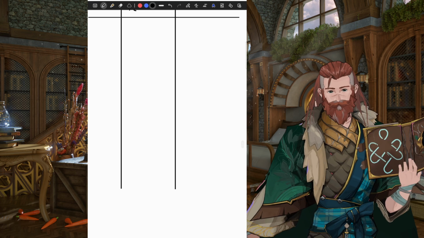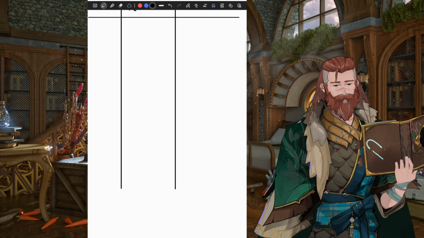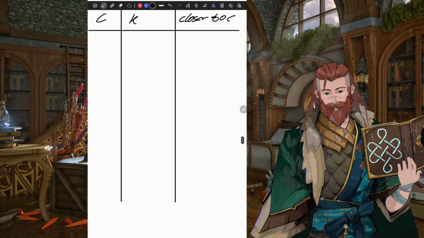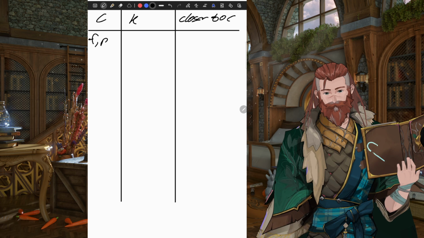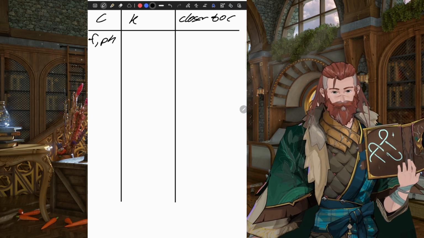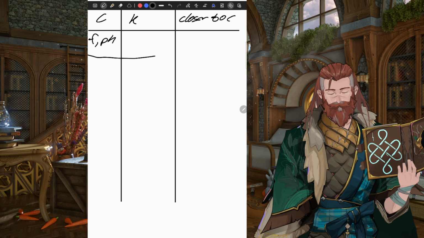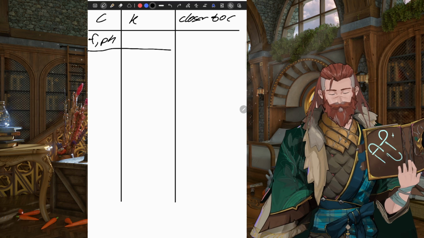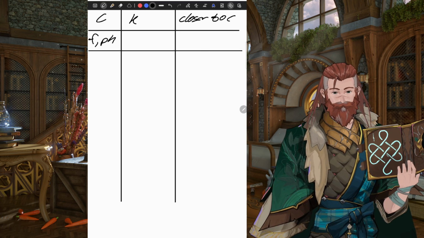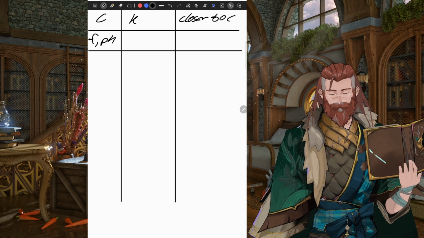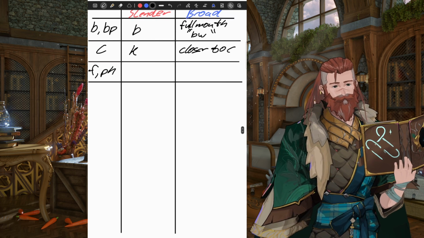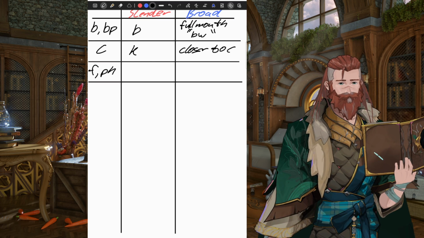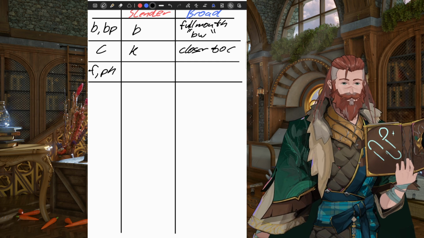For F, this is one of those where it gets kind of complicated. Describing the difference is kind of difficult for me, at least. The best way to think about it is just how open the inside of your mouth is as you're making these sounds.